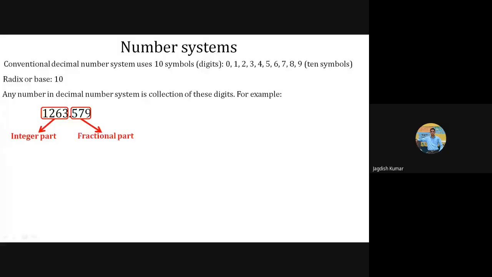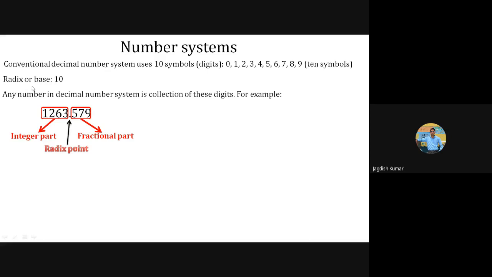This is called the fractional part. So we have two components in any number. One is the integer part, and the other part is the fractional part. And this part in the middle is what we call the radix point.